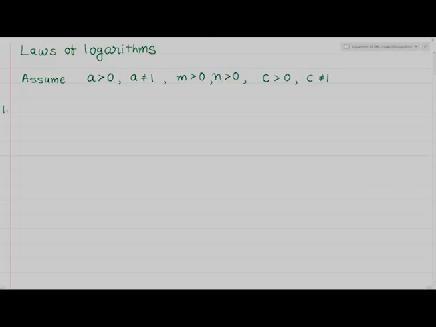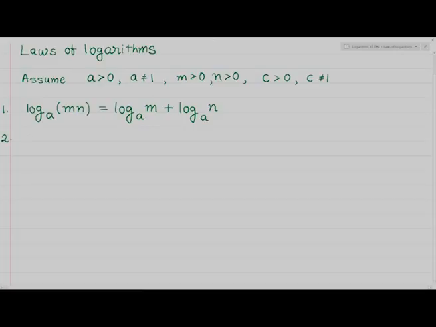First property is log to the base a of m into n is equal to log. This property helps us to simplify calculations, mainly whenever you come across a complicated multiplication and you apply a log function, then you can split the product into the sum of two logs. So, this is one property.